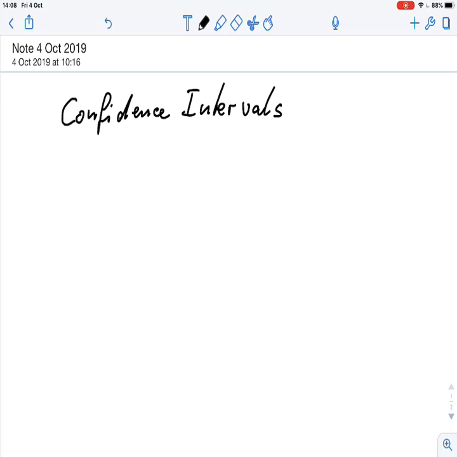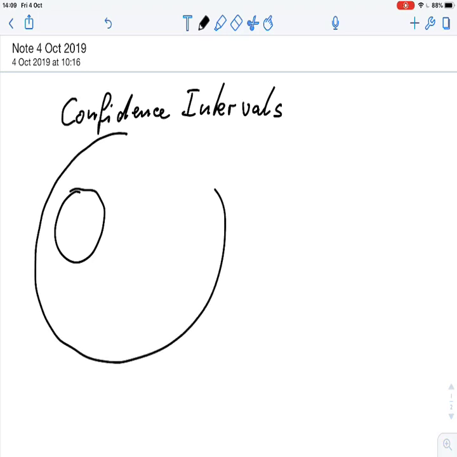This confidence interval basically gives you an indication when you take a sample from a much larger population.